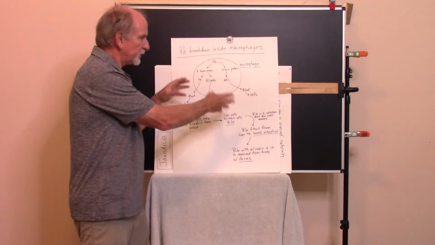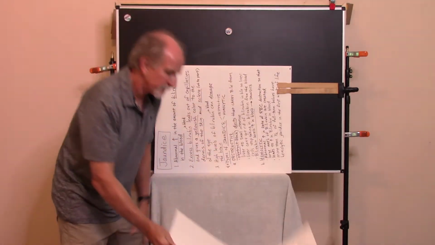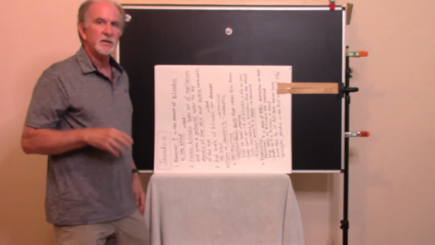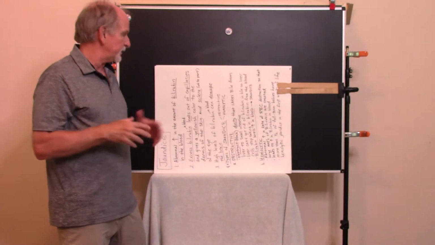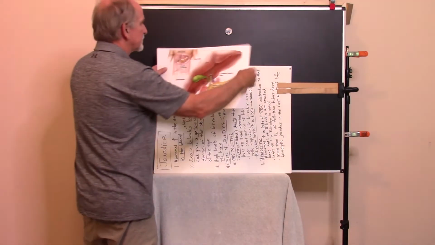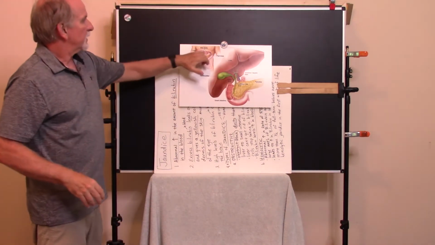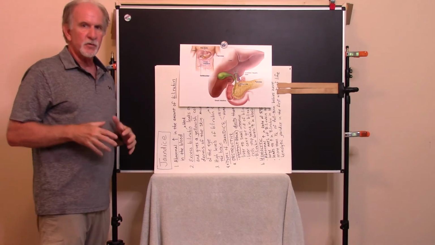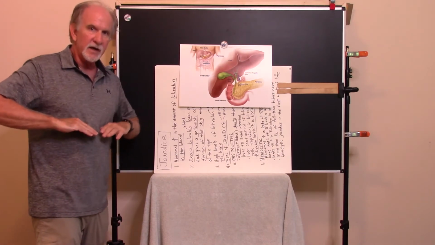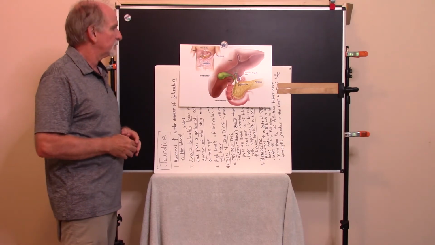So I want to talk a little bit more about the liver and its relationship to bile formation and the elimination of bilirubin in the feces. So let me just go over this illustration. So the liver is a huge organ beneath the diaphragm found in the abdominal pelvic cavity.